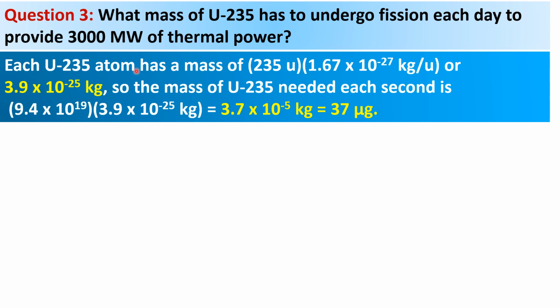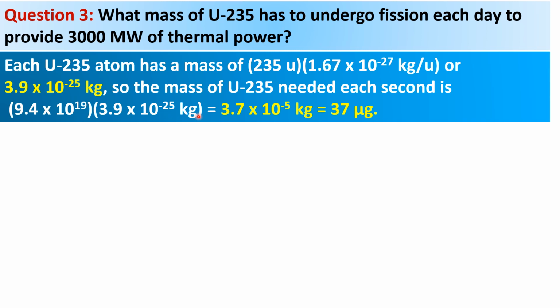So we will get 3.9 times 10 to the negative 25 kilogram as the mass equivalent in kilogram of uranium-235. And then we will now get the mass of uranium-235 needed each second. That is 3.9 times 10 to the negative 25 kilogram multiplied by 9.4 raised to the 19th fissions.